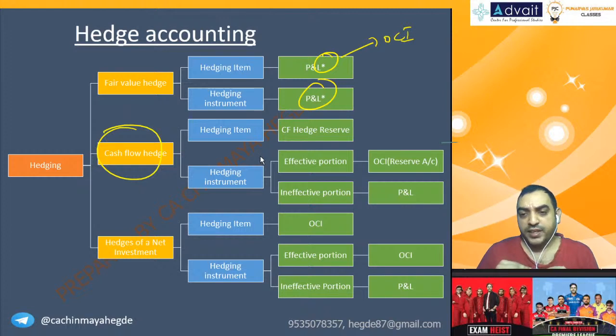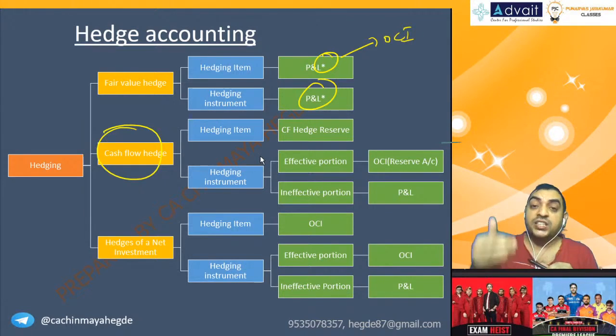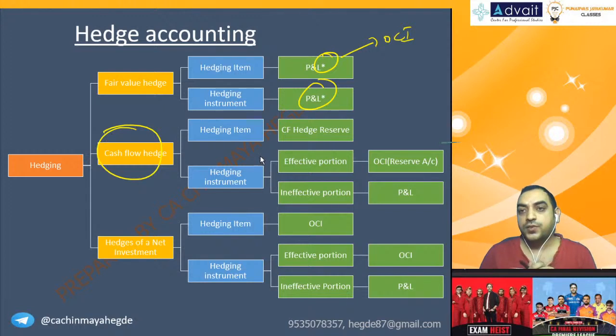Could you please explain the net investment in foreign operation part once? This is an element of fair value hedge as well as cash flow hedge. It is not just an investment in, let's say, shares of Apple company; it is investment in a foreign subsidiary, foreign operations, in non-integral operations. An Indian company, let's say Tata's, has the Jaguar company in England, right?